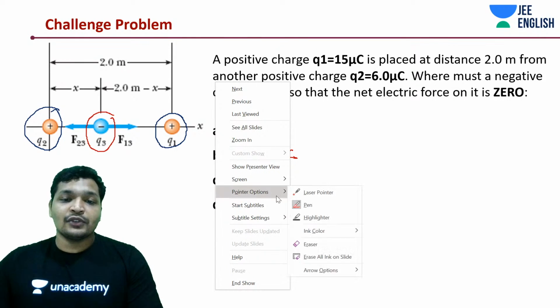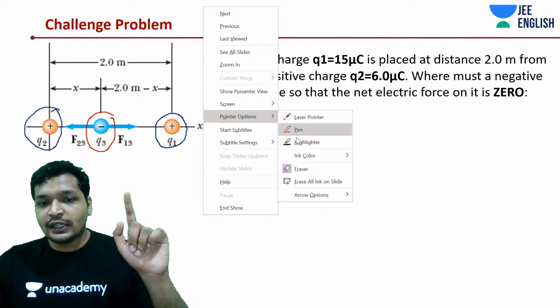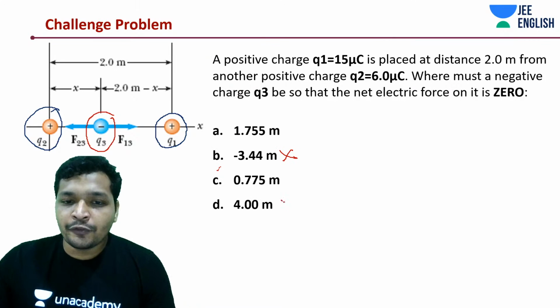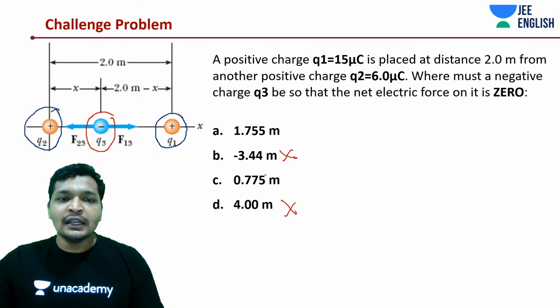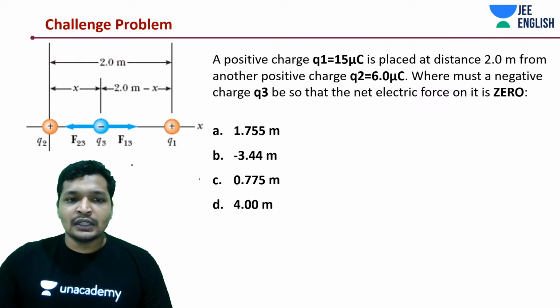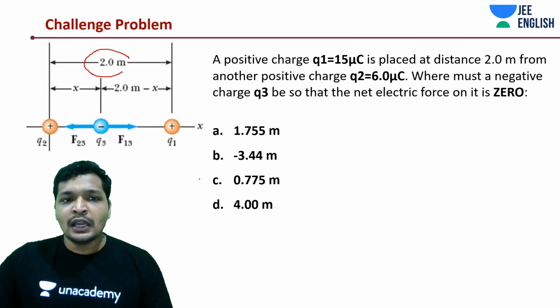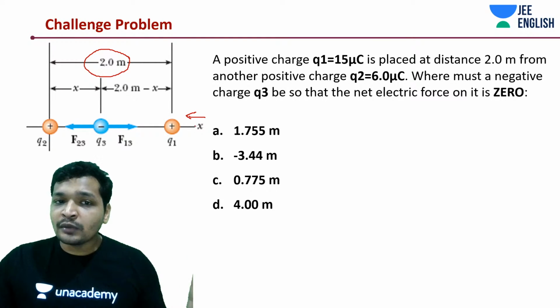I'm sorry guys, it was 4 meters only. It cannot be minus 3.44 meters or 4 meters. The reason being, if it is beyond this 2 meters distance, so the distance between Q1 and Q2 is 2 meters, right? If it is beyond this 2 meters, what would happen? Both will be attracting, so the net force cannot be 0.